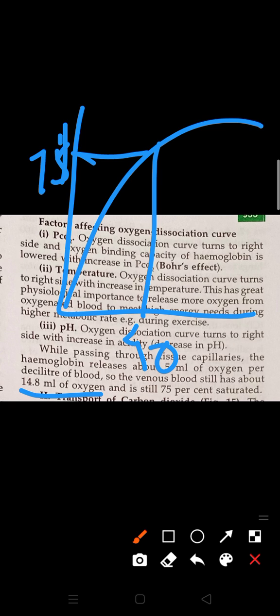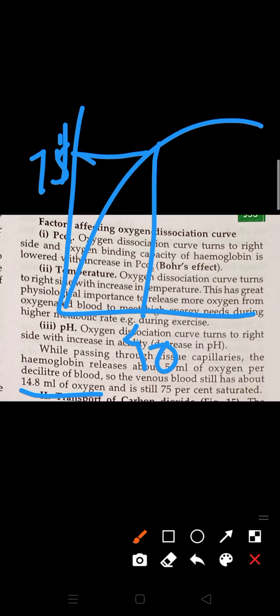Partial pressure is low, children, but even then it has 75% of oxygen.